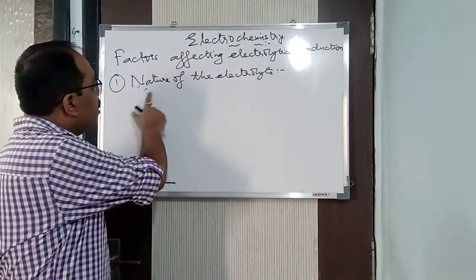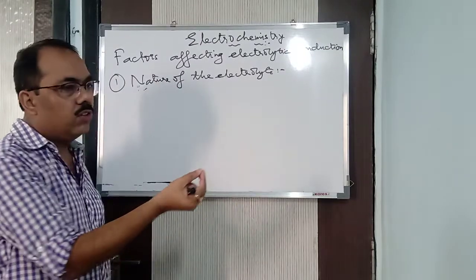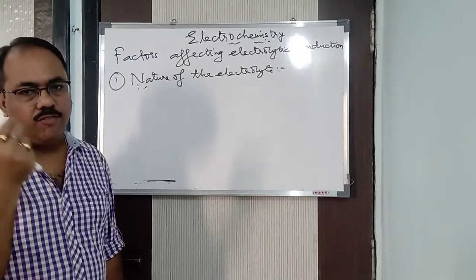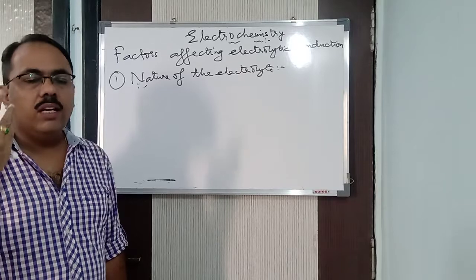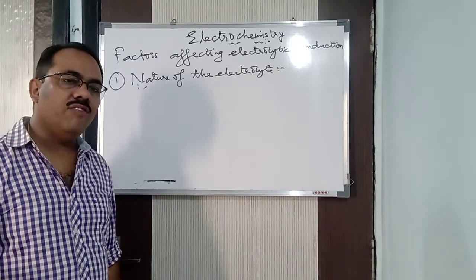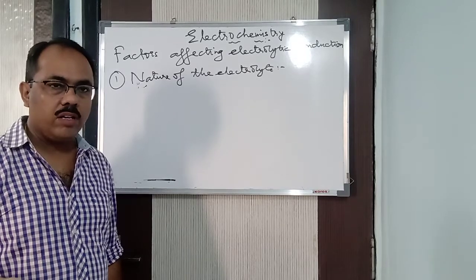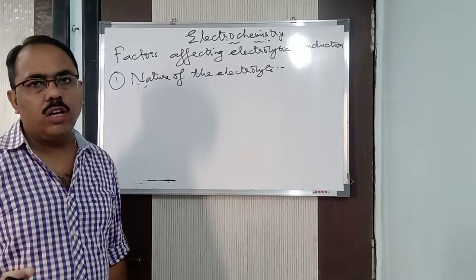So that is the nature of the electrolyte. In one word, strong electrolytes are the good electrolytes, and weak electrolytes dissociate very feebly, not completely. They are not the good electrolytes.